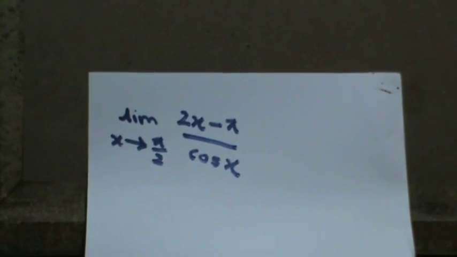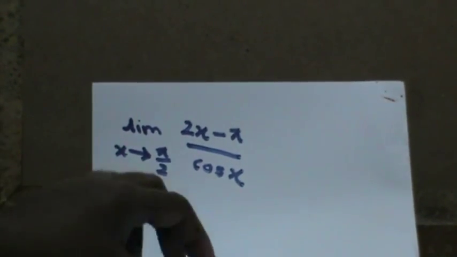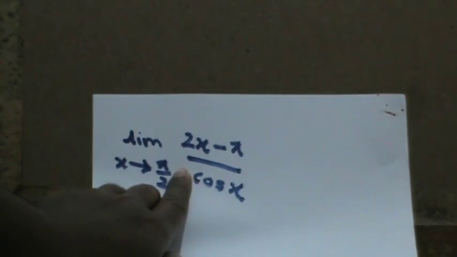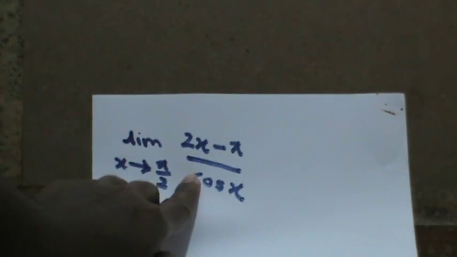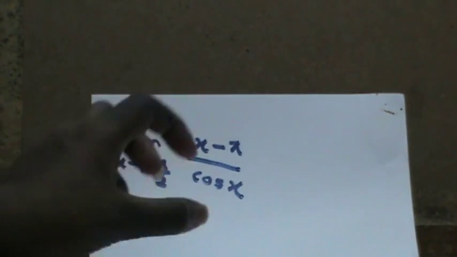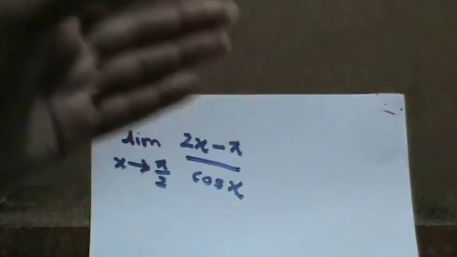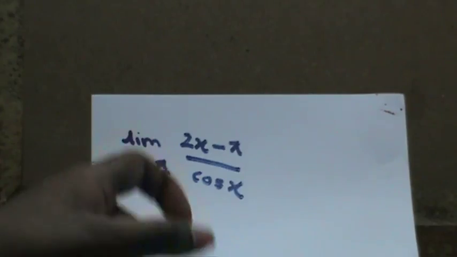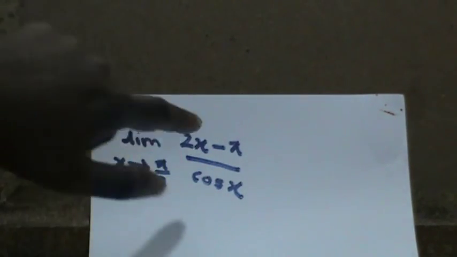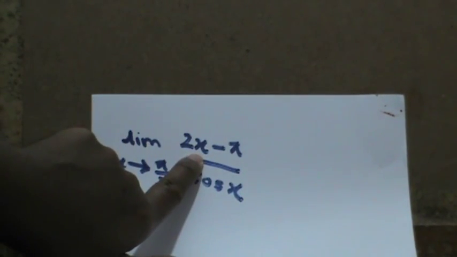Finding the term that you need to substitute originates from the concept of why you need to substitute. Now if you are given a function like this, the limit of (2x minus 5) divided by cos x when x goes to 5 by 2, how can we solve this? First, we'll just substitute 5 by 2 in place of x and see what happens. You will get 2 times 5 by 2, which is 5.